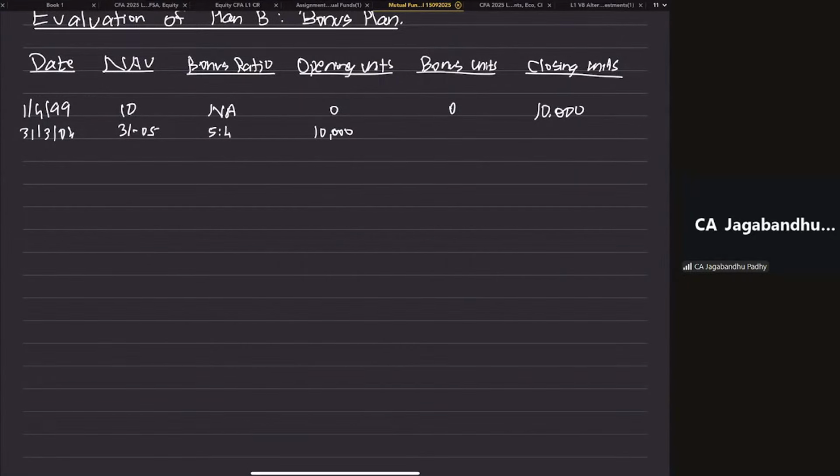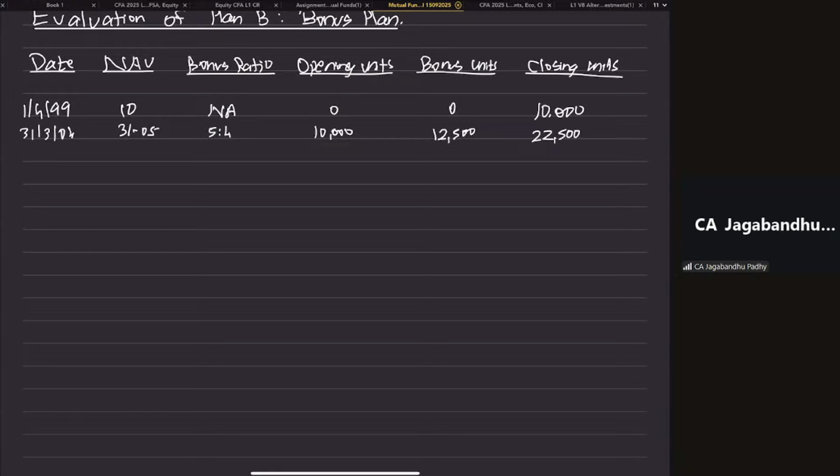So when we say 5:4, it simply means 5 units for every 4 units. So with 10,000 units, that's 12,500. So bonus units are going to be 2,500. So what will be the closing units after this? 12,500.